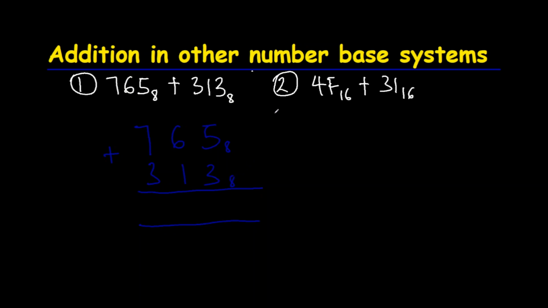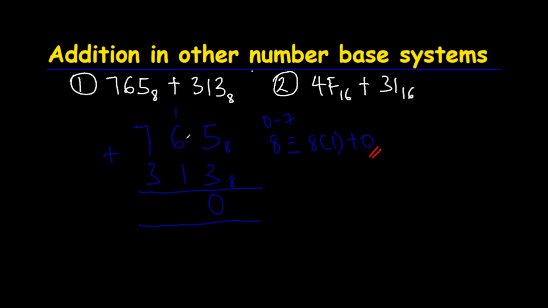And as we know, in base 8, we only use numbers from 0 to 7. So therefore, we have to express our sum 8 in terms of base 8. So how do we do that? We know that the number 8 is equivalent to base 8 times 1 plus 0. And as we know, we'll write down this 0 and we'll carry over this 1 inside the bracket. So we write 0, we carry over 1.